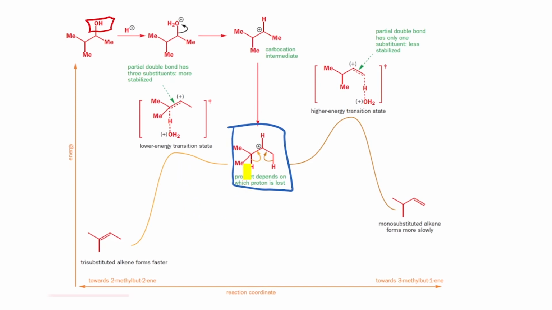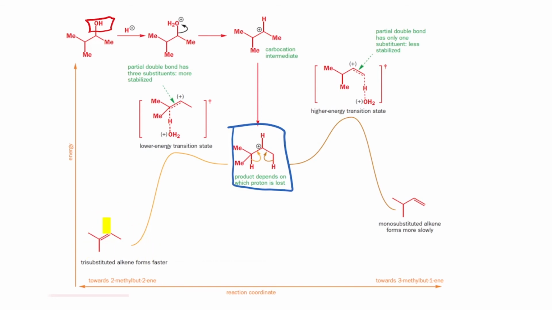So when we look at that situation, what we find is that the positive charge is better accommodated in the case on the left, where the more substituted alkene is formed, and the less substituted olefin over here is not as stabilized. So therefore the energy profile would look something like this, where we have a higher barrier for the formation of the less substituted olefin, whereas we have a lower barrier for the formation of the more substituted olefin.